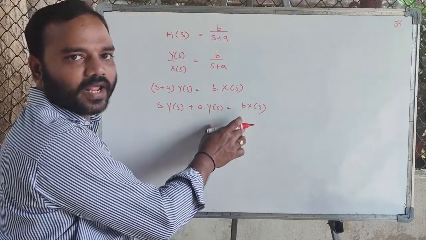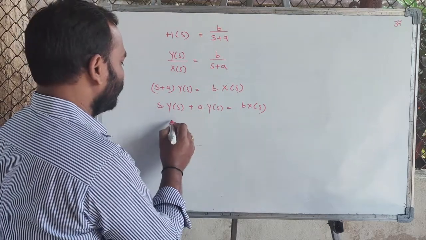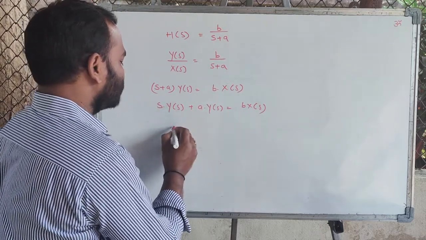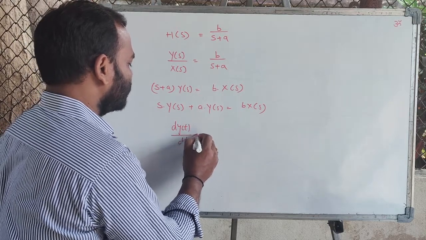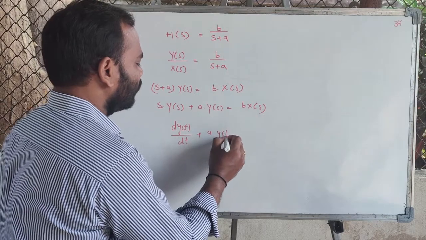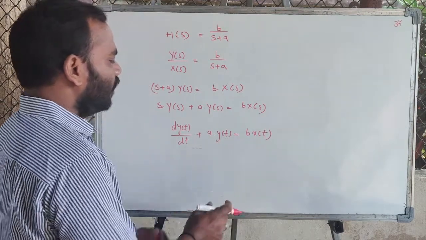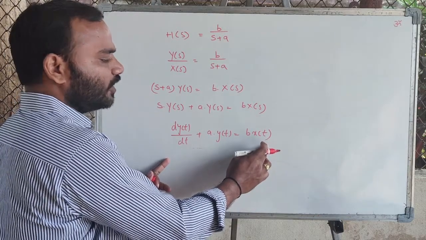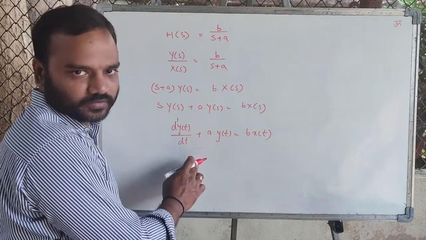Now if I apply the inverse Laplace transform to this, then we are going to get s times Y of s, which is nothing but dy of t by dt, plus a times y of t is equal to b times x of t. If you look at this particular differential equation, this is of order 1.